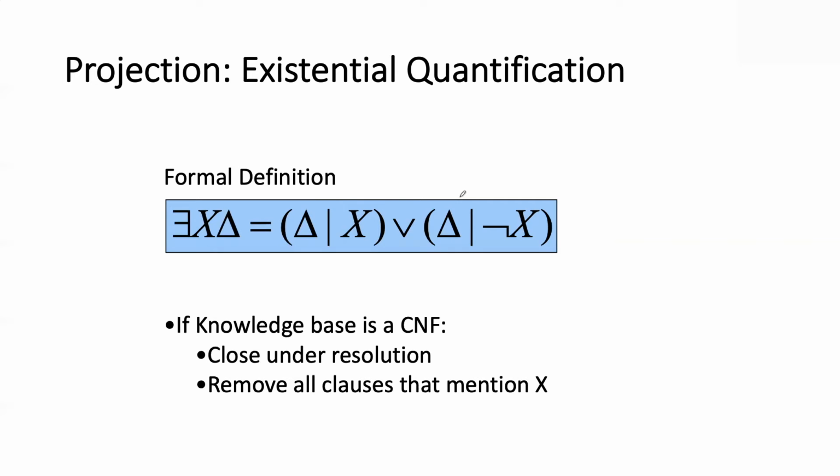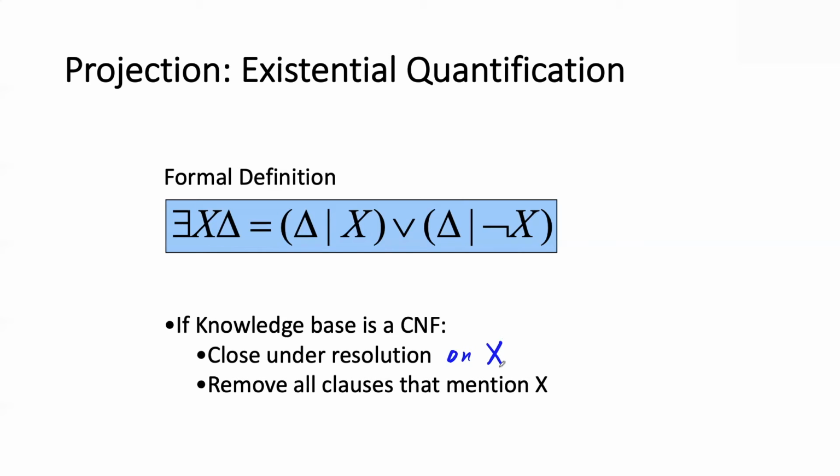And we said one thing about doing existential quantification in a different way, if you remember, using resolution. If you have a CNF and you want to existentially quantify this variable, close under resolution on X, that is, do all possible resolutions you can do on the variable X. And after you do that, remove all clauses that mention X. This is still quite a bit of work, right?